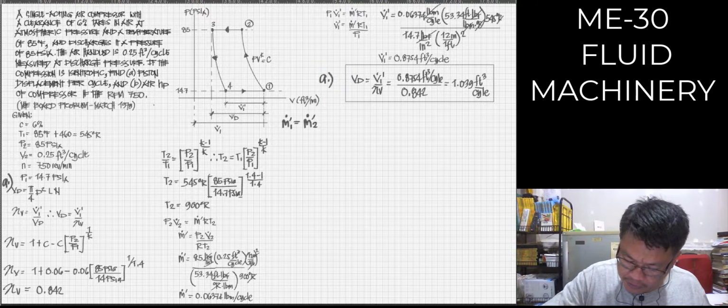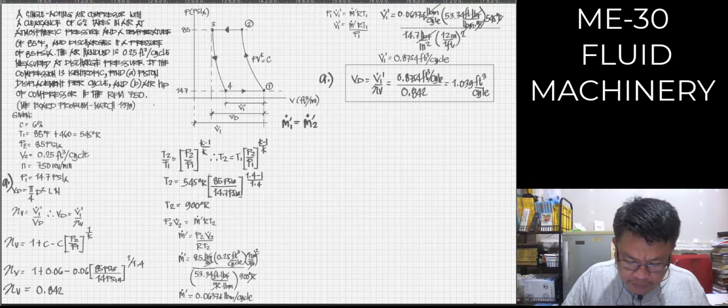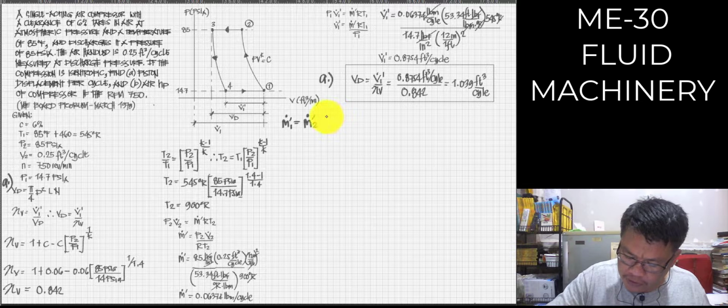So we're looking for the compressor power for letter B. Let's write the equation here.